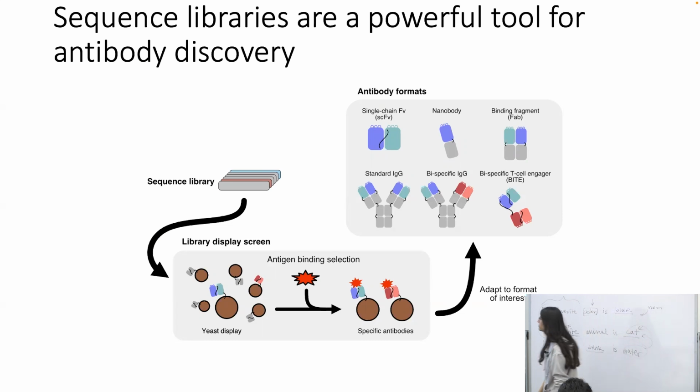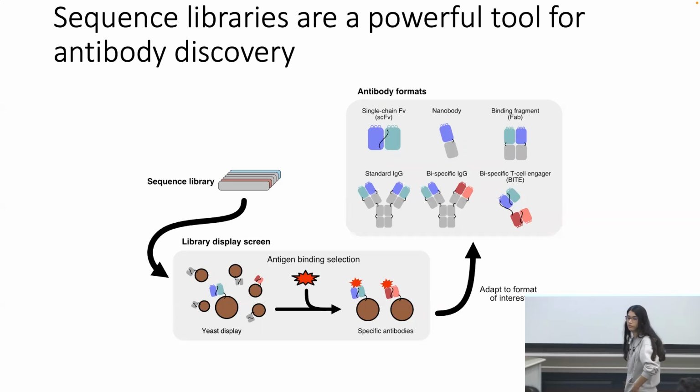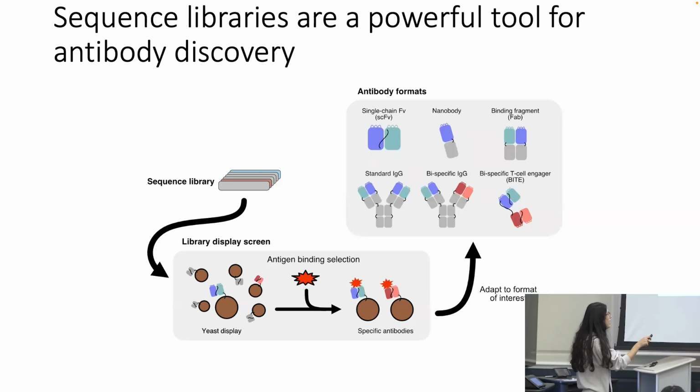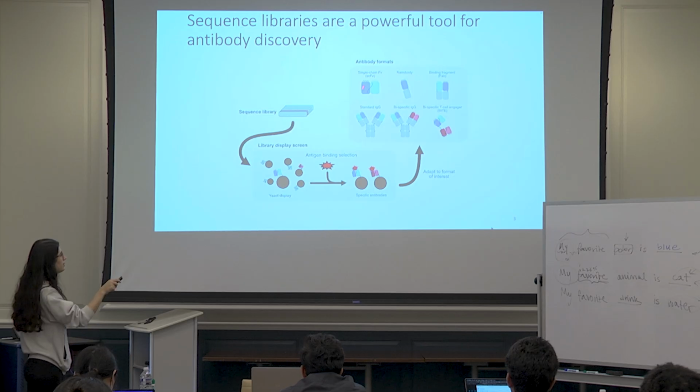So in terms of antibody format, there are some differences as to which type of system people would study. So today, we're going to be specifically talking about the nanobody here, as well as this single chain FV.